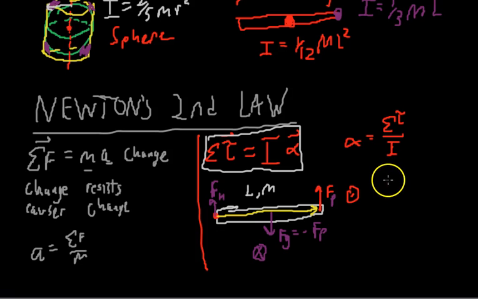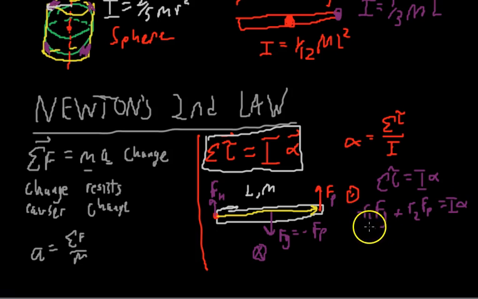So if I do my sum of torques, the sum of torques equals I times alpha, I have two different forces applying torques. So I have R1 times the force of gravity, and I'll make that in the negative direction, plus R2 times the force of the pull equals I times alpha.